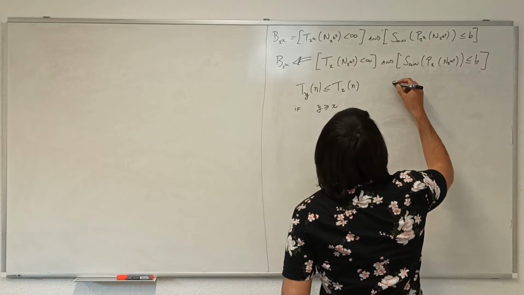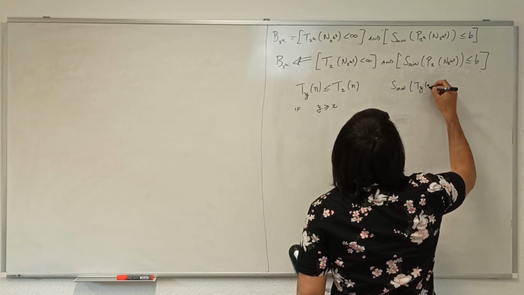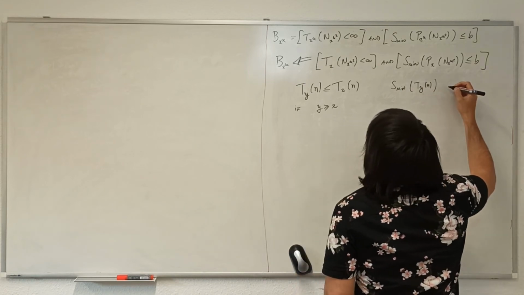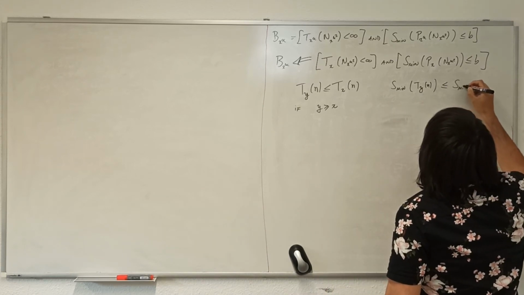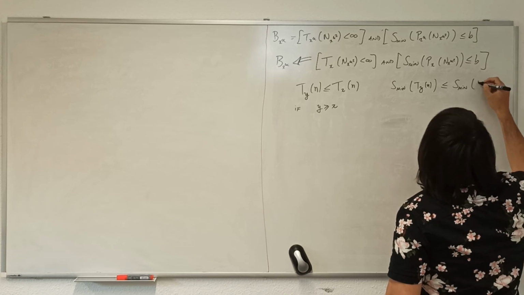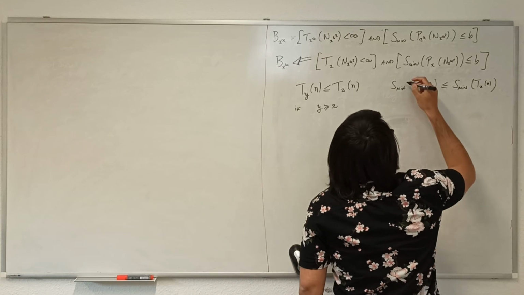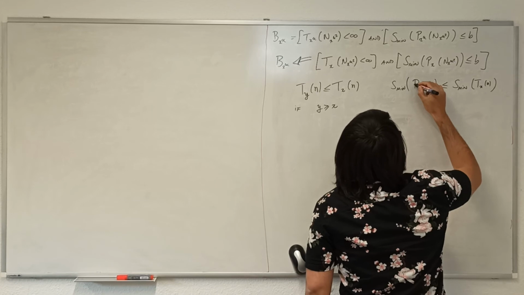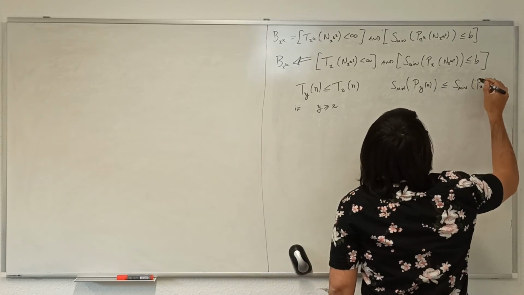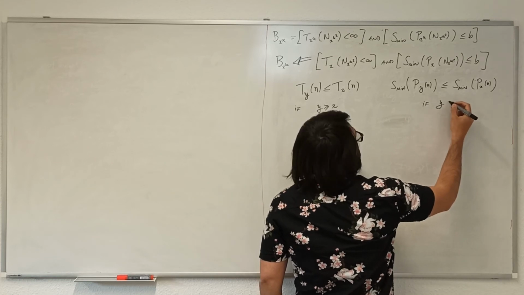In particular, you conclude that S min of ty of n is less or equal than the S min of tx. Oh, sorry, it's supposed to be the first passage p, and this is supposed to be p, if y is greater or equal than x.